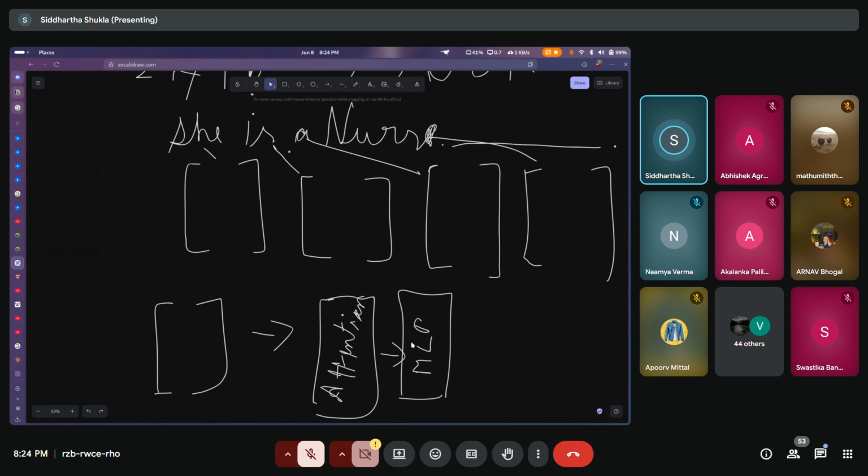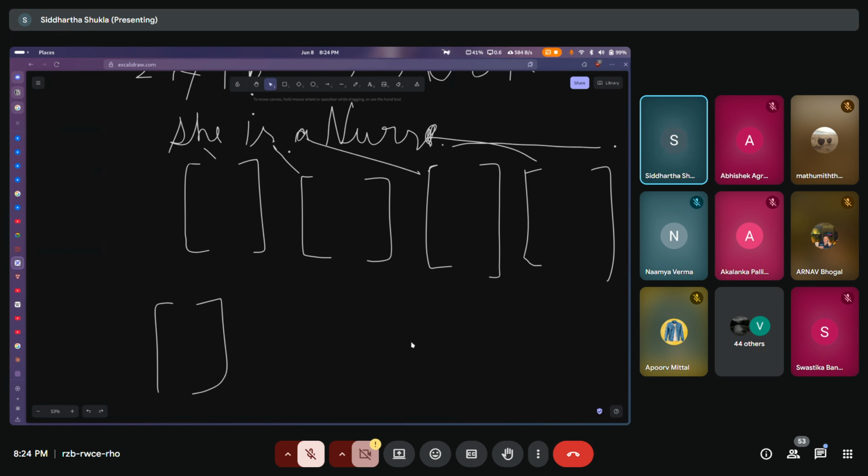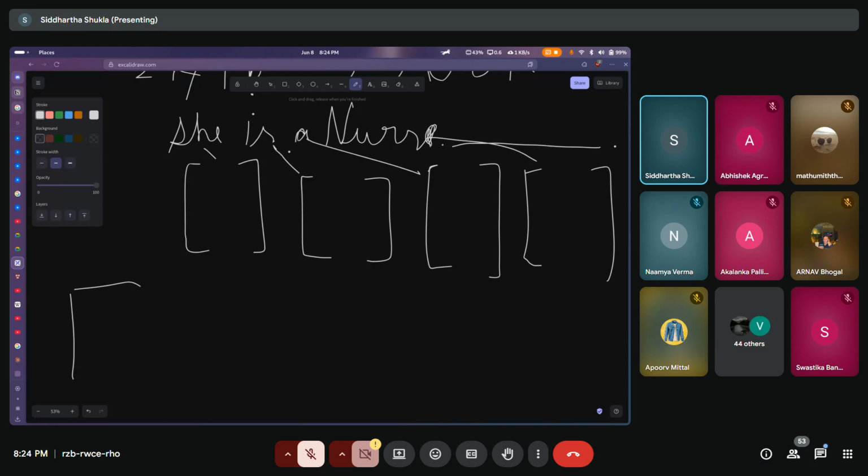Actually, let me write this horizontally because it might be confusing for you guys. This is your embedding matrix that gives you all the tokens, and then you give it to the attention block.